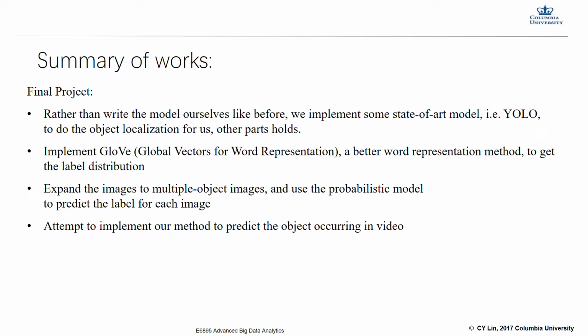It is a better word representation method to gauge the label distributions. Also, with the help of YOLO, we have multi-object images, and we can get the bounding boxes of the multi-object image and use the probability model to predict the label for each image.